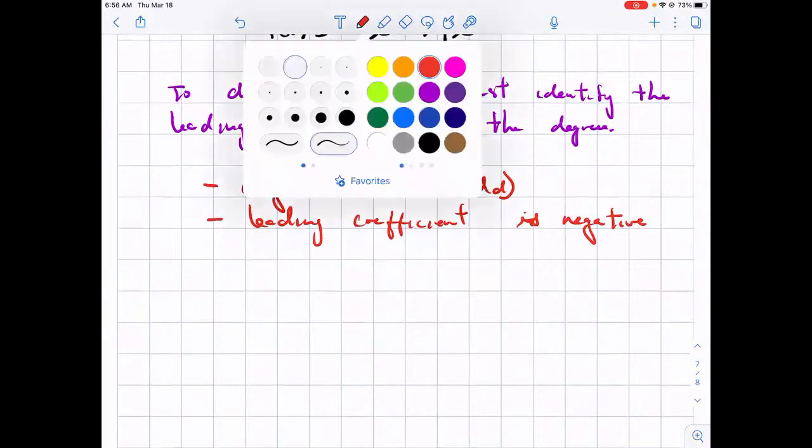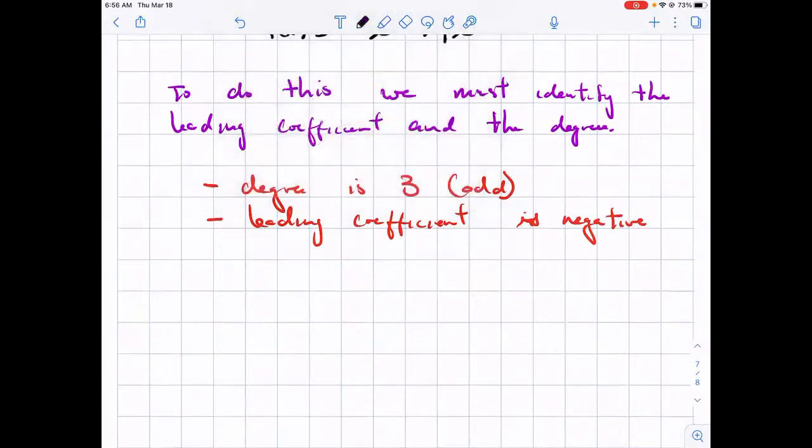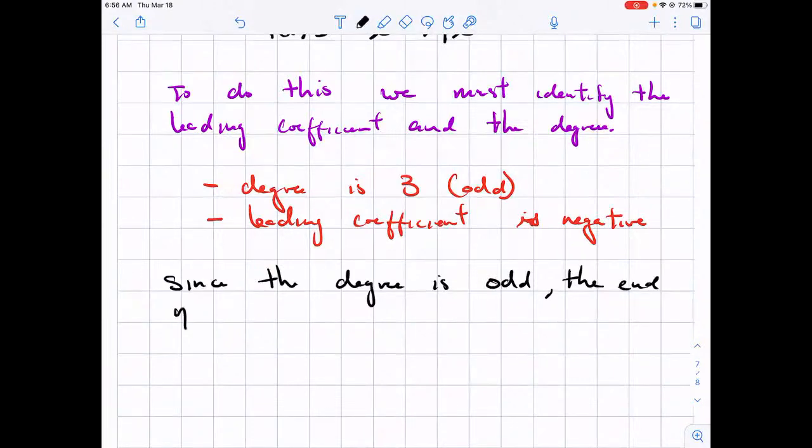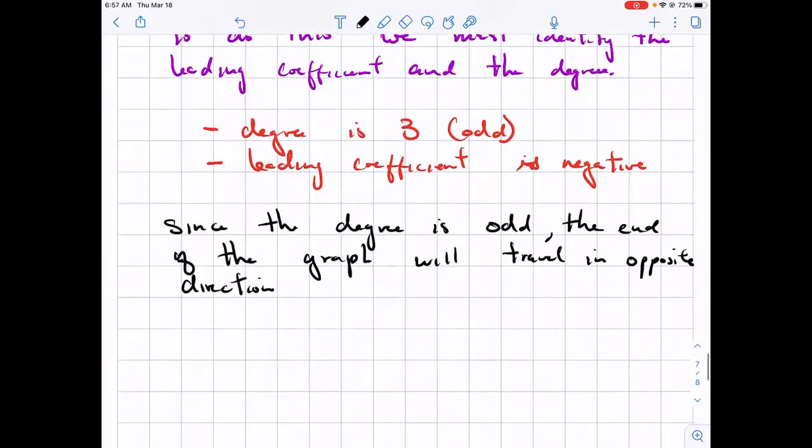So this tells me, since the degree is odd, the ends of the graph will travel in opposite directions. So this is 1.